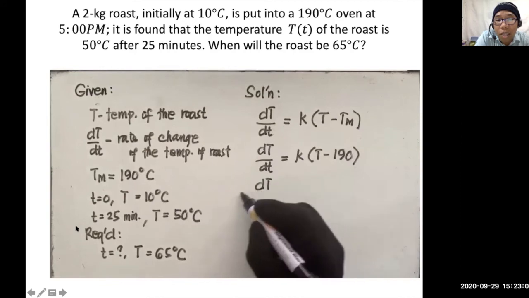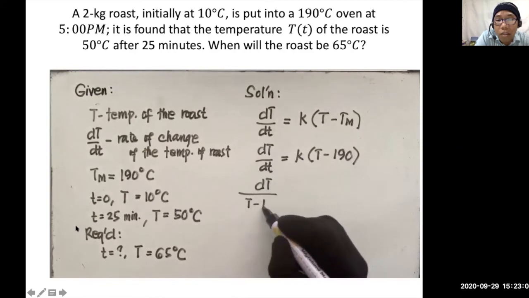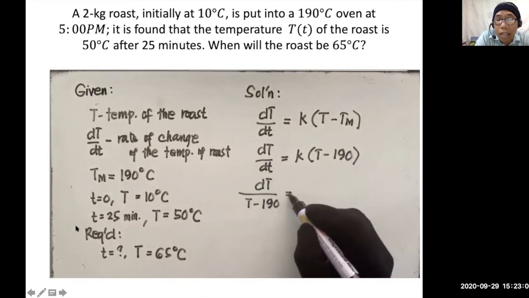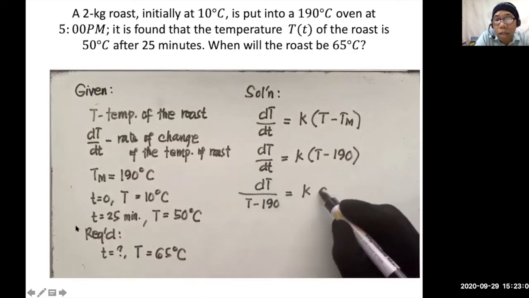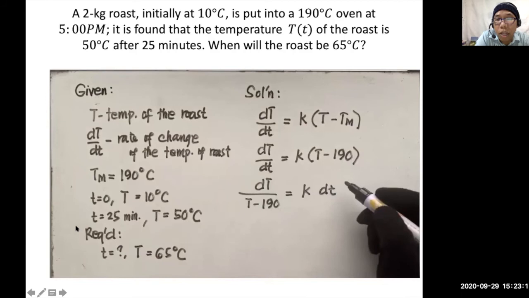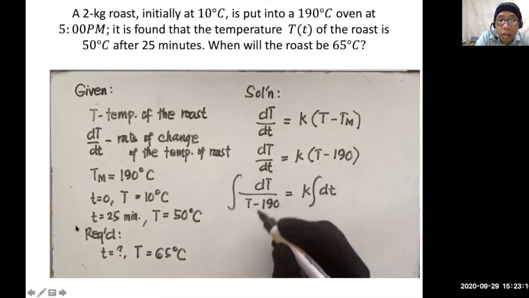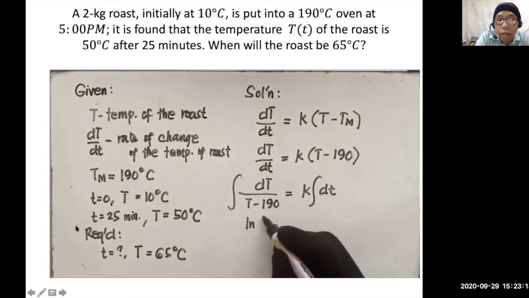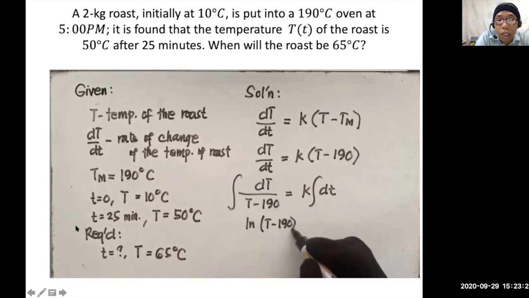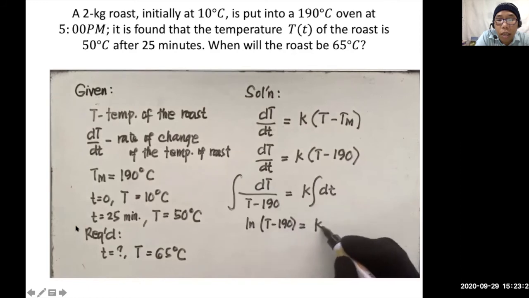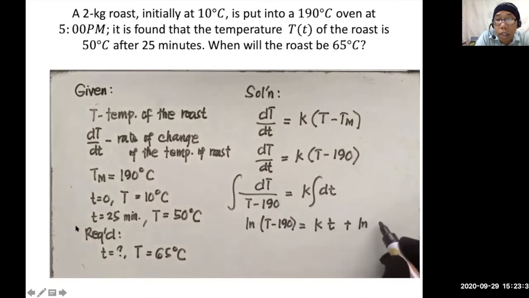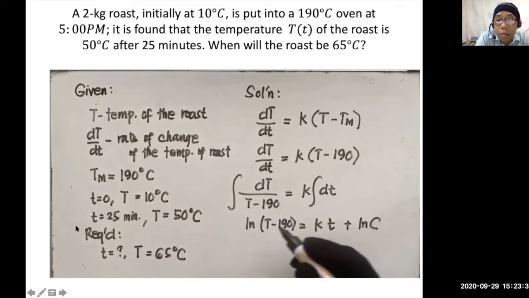Now we can separate the variables here, right? So dT over T minus 190. And on your right-hand side, andito yung time natin, yung variable na small letter t. Then we integrate both sides of the equation. This is ln of the temperature minus 190 equals k times t, small letter t, plus, of course, the arbitrary constant c, or ln of c, to simplify this solution.